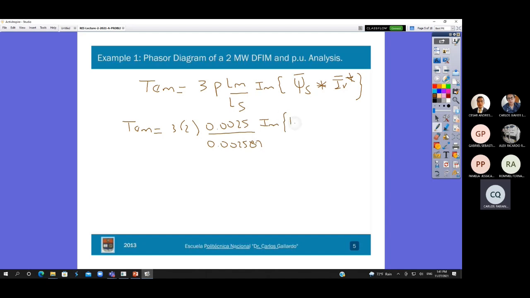The flux, which we have already computed, is 1.28 at negative 90 degrees, times the conjugate of the rotor current, 1807.4 at negative 16.5 degrees. This is the conjugate.